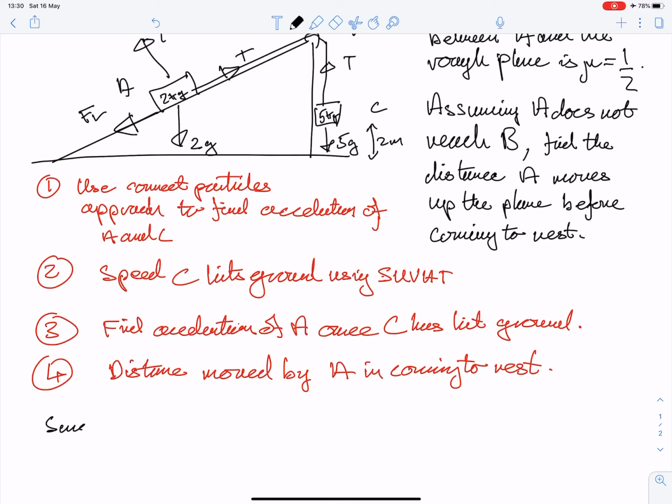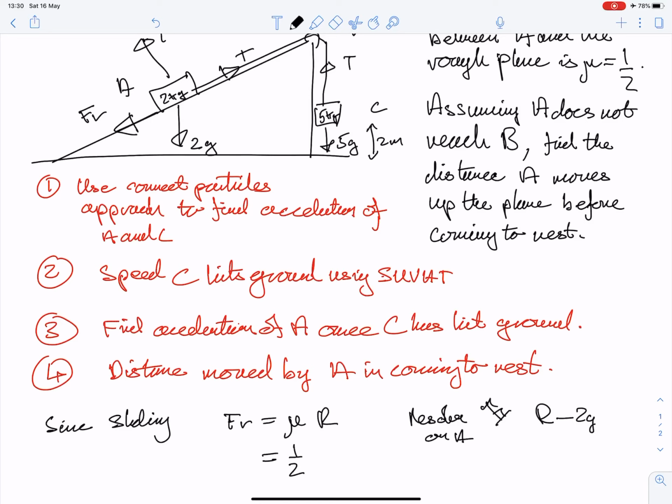Okay, so now try to get the answer out from there, and then check against what follows. So, first phase is to probably find the friction acting on A. So, since sliding, friction is equal to mu R. Mu we know is 1/2.